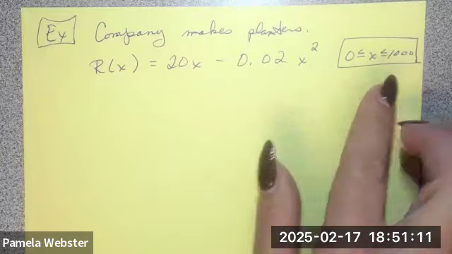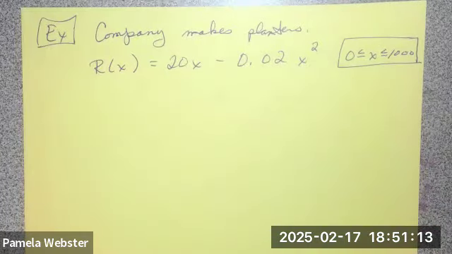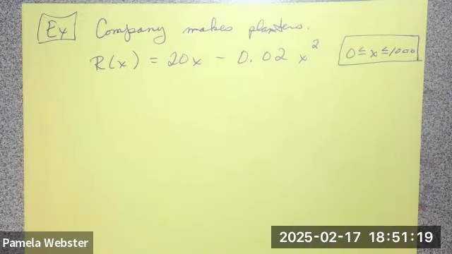So what they're telling me is that my model has a limitation. It only goes up to 1,000 planters. That's probably because if I'm going to make more than 1,000, then maybe there's a bulk sale or something that might change my cost, might change my revenue. So this is what they think this model is good for.